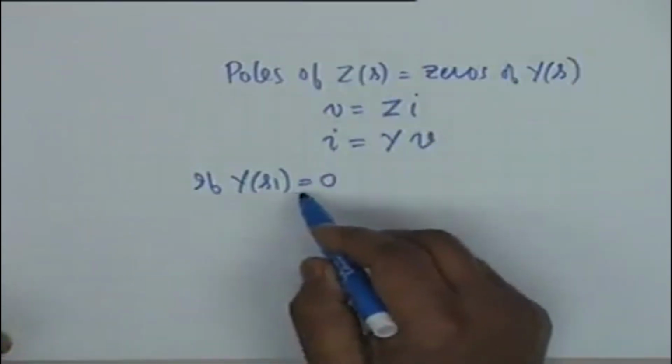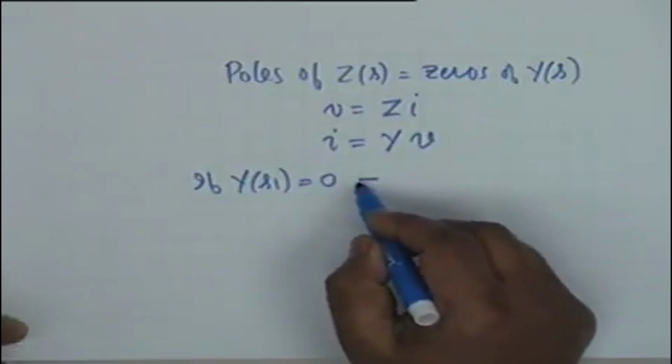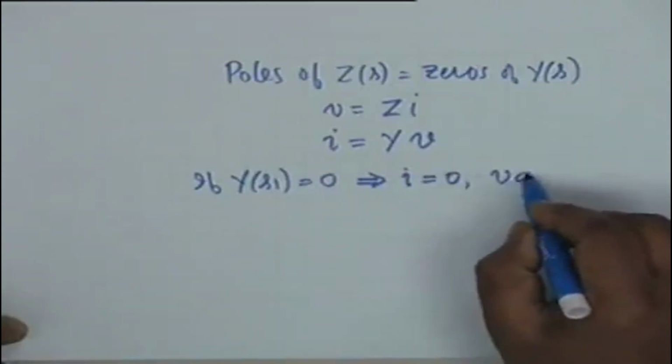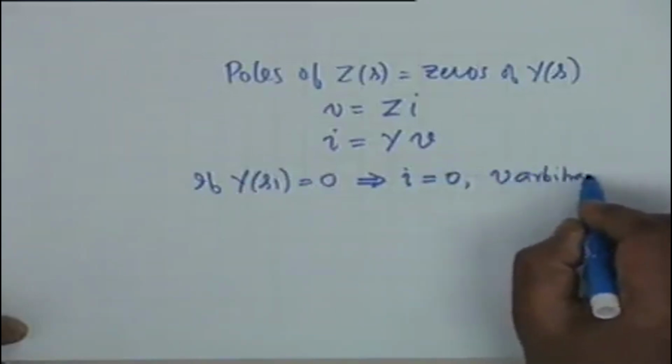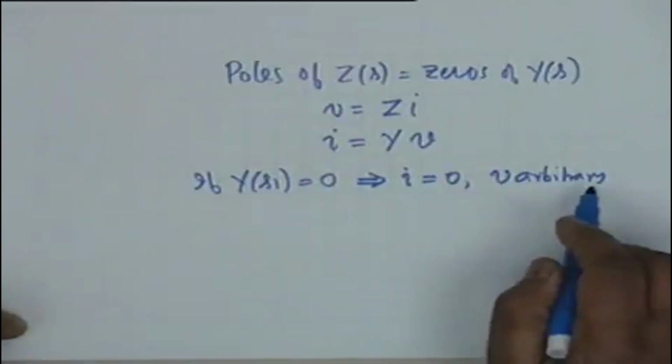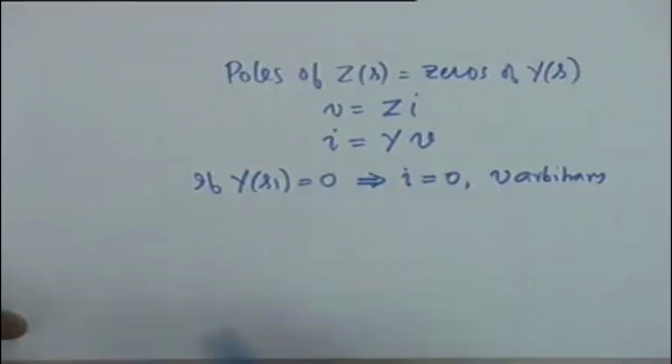If Y of S1 is equal to 0, then I equal to 0 and V is arbitrary. Any V would do. There is no restriction on V, which means that without a current excitation, a voltage can exist.